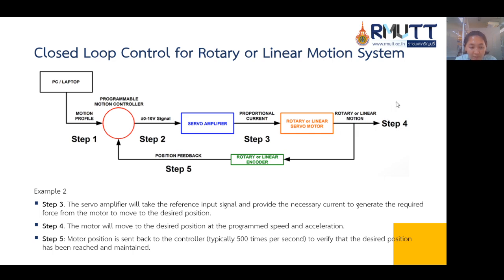And then in step 4, the motor will move to the desired position at the programmed speed and acceleration. And then in step 5, motor position is sent back to the controller, typically 500 times per second, to verify that the desired position has been reached and maintained.